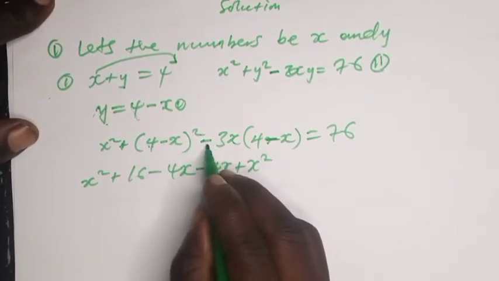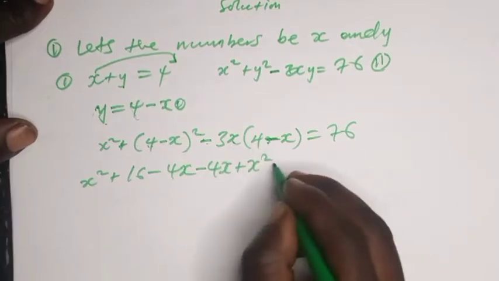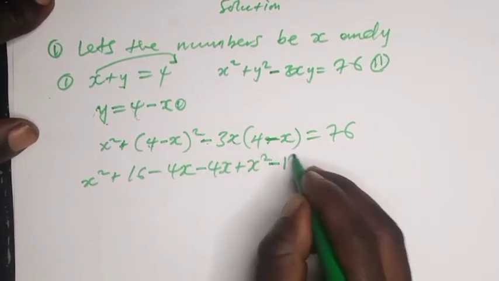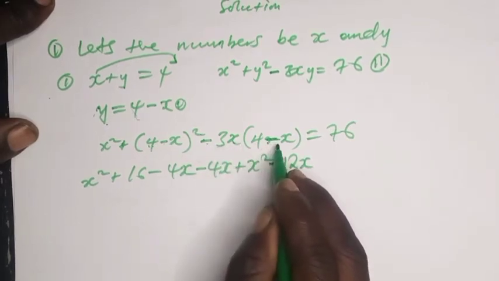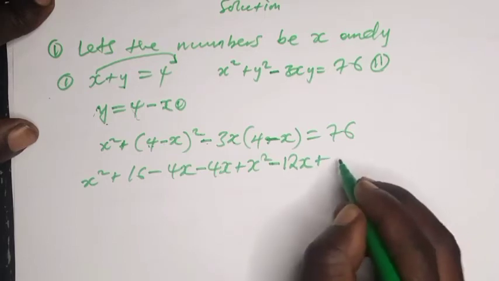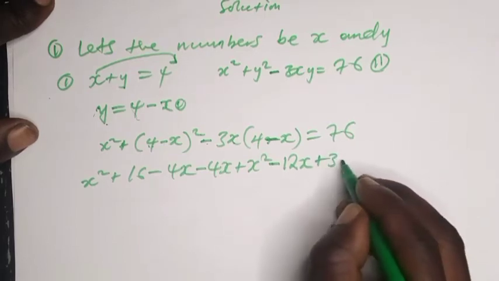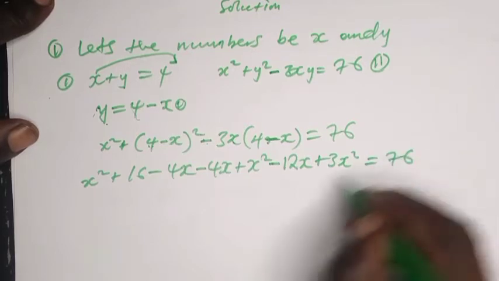Then minus 3x times 4, it will be minus 12x. Minus 3x times minus x, it will be plus 3x squared, which equals 76.